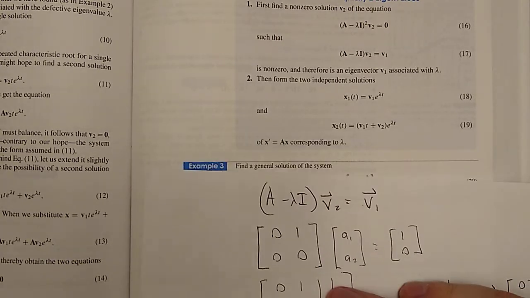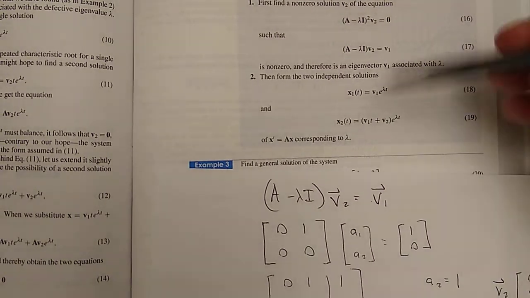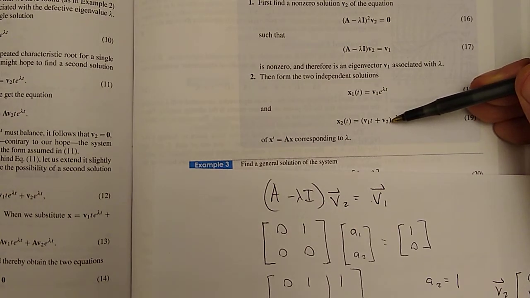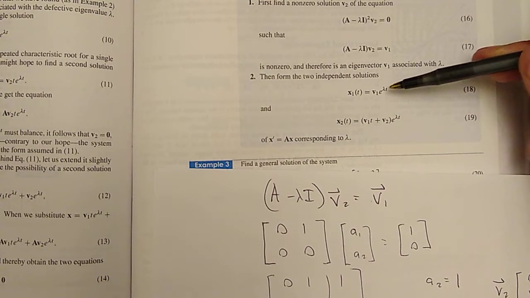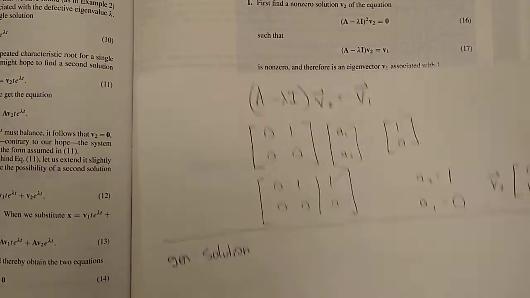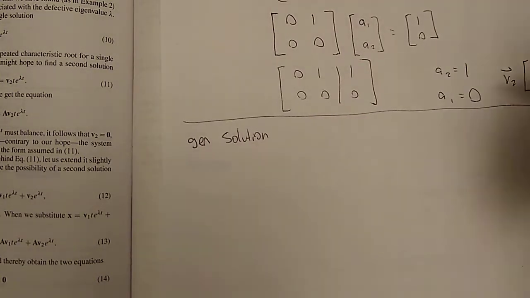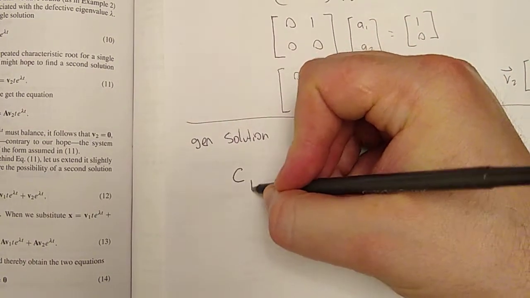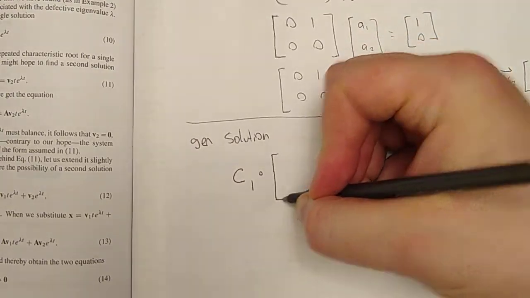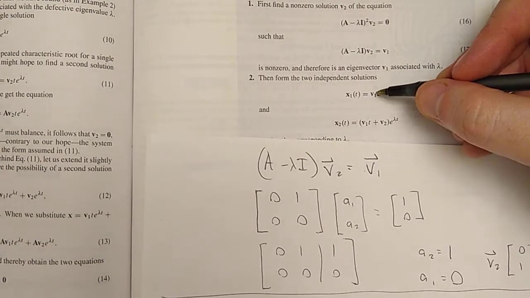We have these two solutions, this one and this one. And let me go ahead and write my general solution. So I'm going to write a constant times this one and a constant times this one. So let me write C1 times, and this is V1.